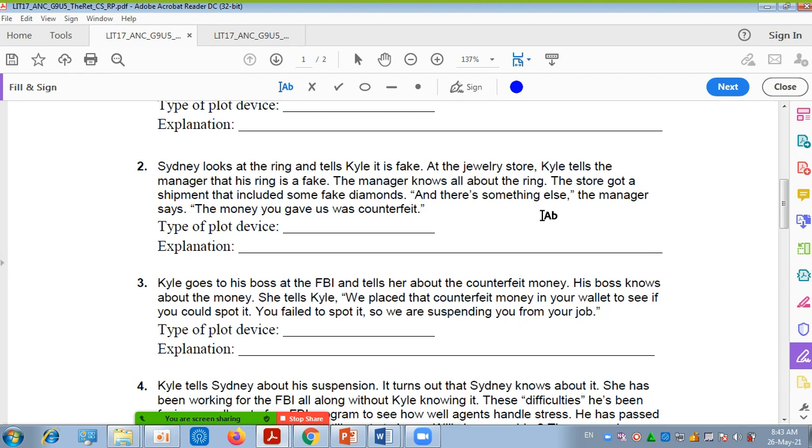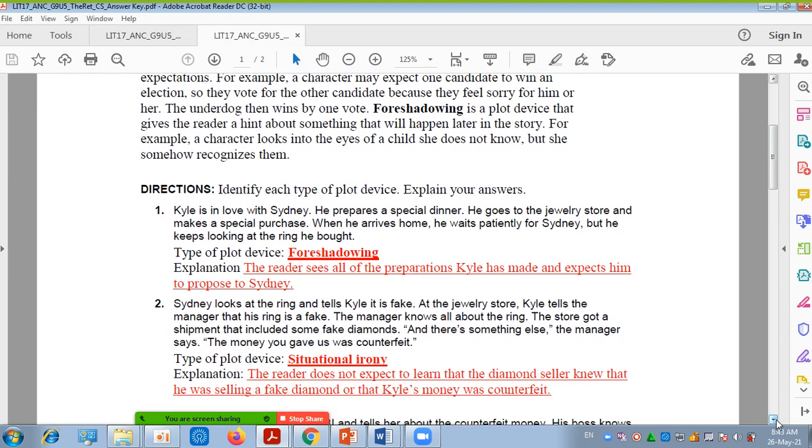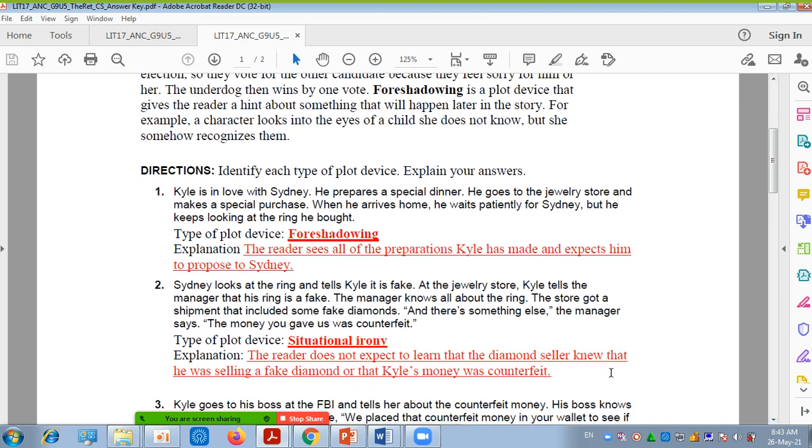Is this foreshadowing or situational irony? Irony. That's right. This is situational irony. The reader does not expect to learn that the diamond seller already knew he was selling a fake diamond, or that the money Kyle paid was counterfeit, unreal money.